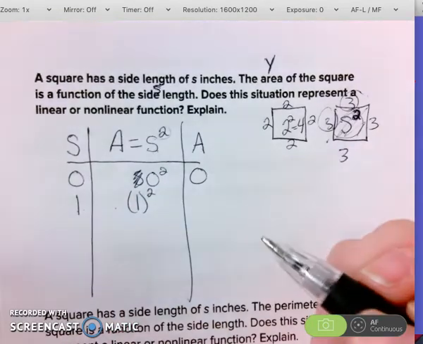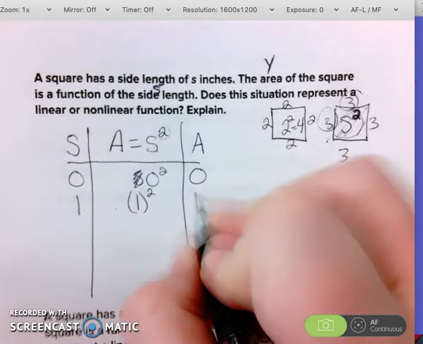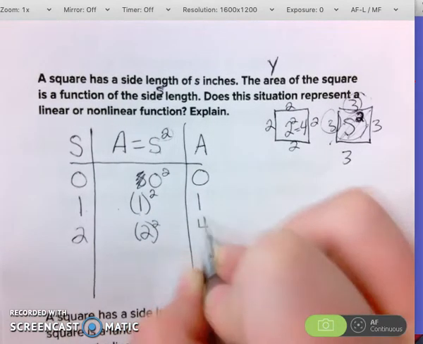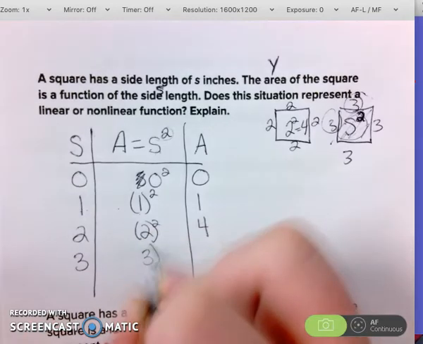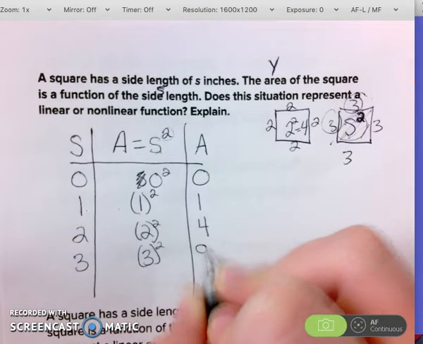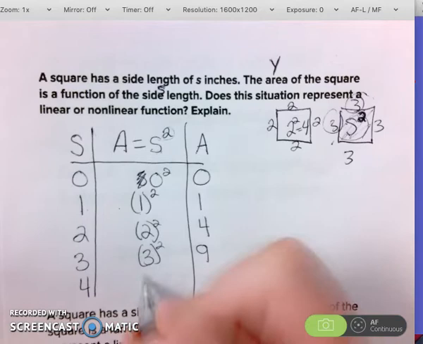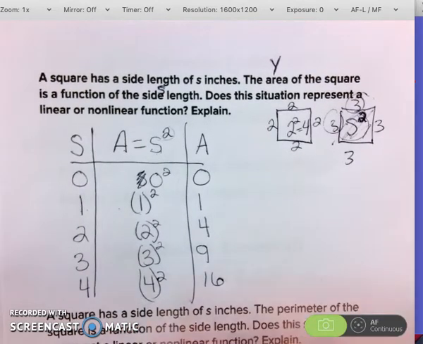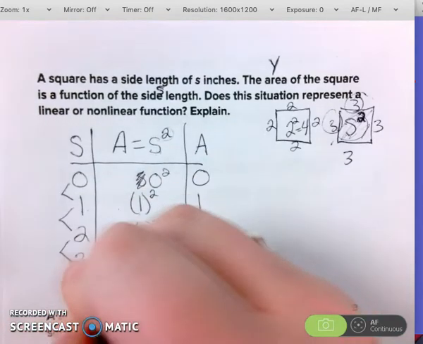That's what the squared is. So 1 times 1 is 1. We're going to put 2 in here. So 2 squared is 4. 3 squared is 9. And 4, we'll stop at 4. 4 squared is 16.